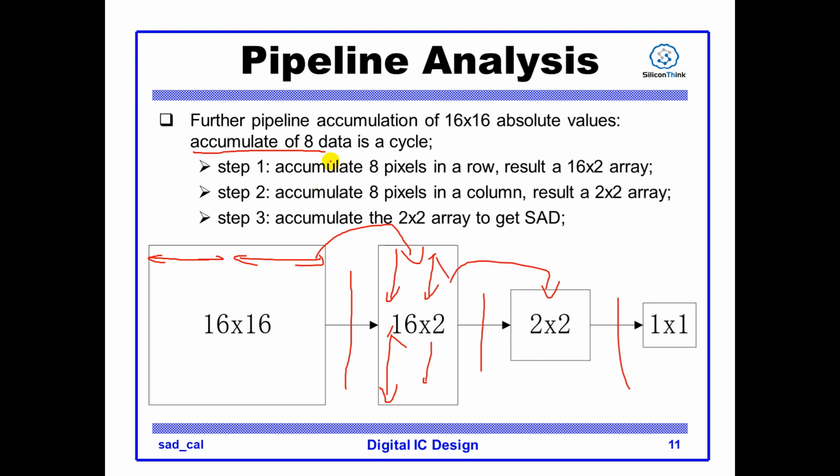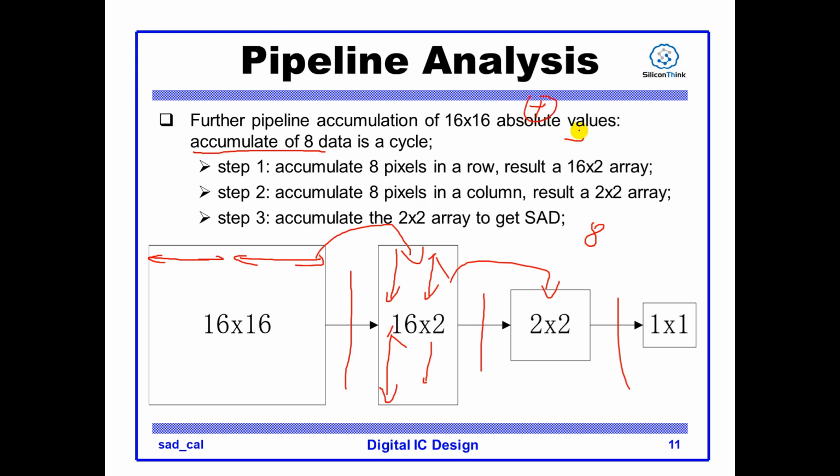So in this method, you pipeline this part with 3 stages of pipe registers. So the longest logic delay here will be accumulation of 8 data. This should be smaller than the accumulation of 16 data. By the way, do you have any idea of how to do accumulation of 8 data?